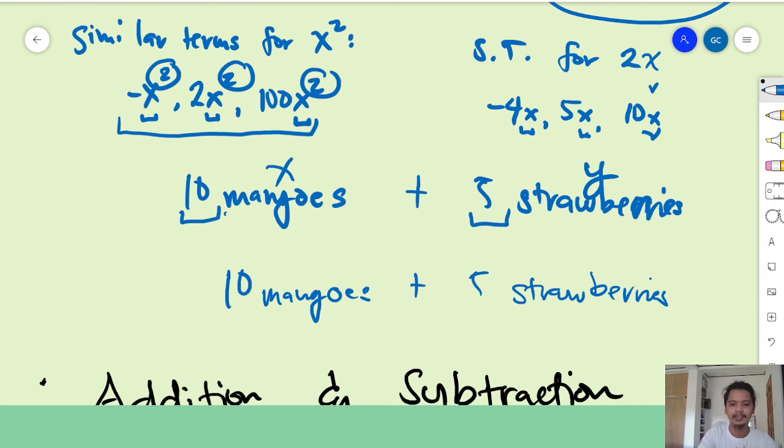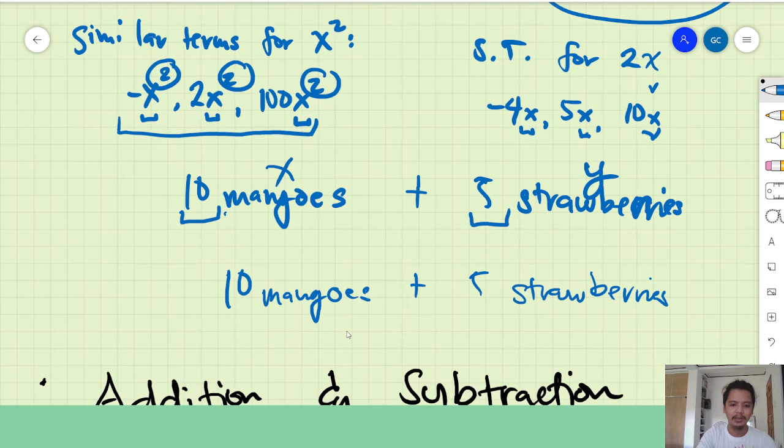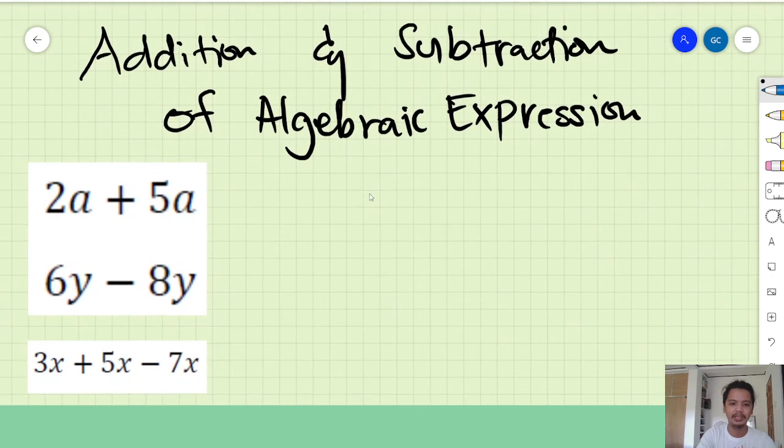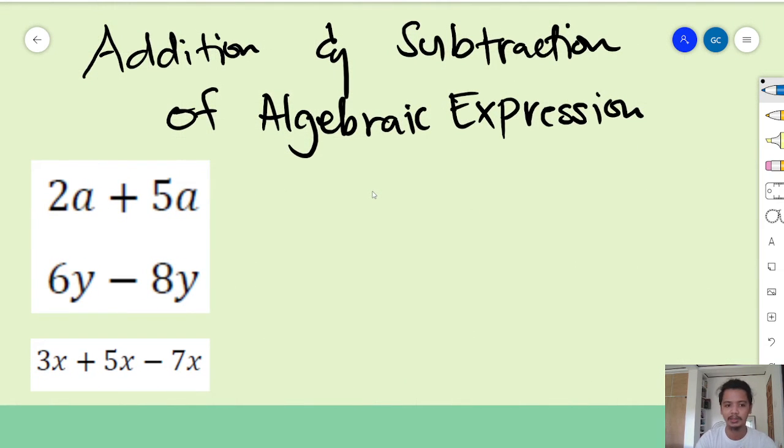Okay? So, ganun yung ginagawa dito when we talk of addition and subtraction of algebraic expression. Papansinin nyo, halimbawa, dito sa examples na nakalagay na dito. So, we have here 2a plus 5a. Kung papansinin nyo, anong meron sa 2a at sa 5a?